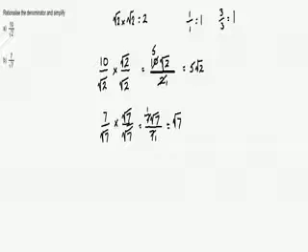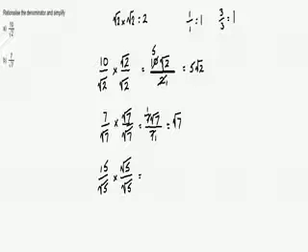Seriously, it is that simple. So if I've got 15 over root 5, then I multiply it by root 5 over root 5.